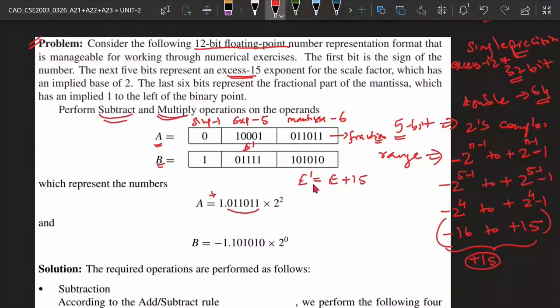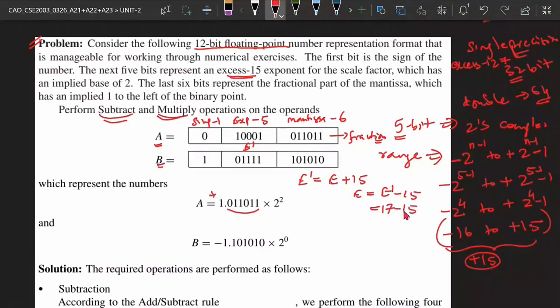So e dash equals actual exponent plus 15, so the actual exponent will be e dash minus 15. This value is coming out to be 0, 2, 4, 8, 16, 16 plus 1, 17. So e dash is 17 minus 15, so the exponent value will be 2.